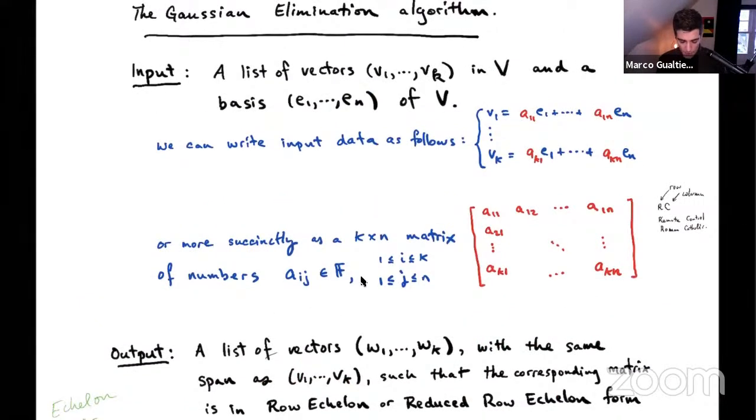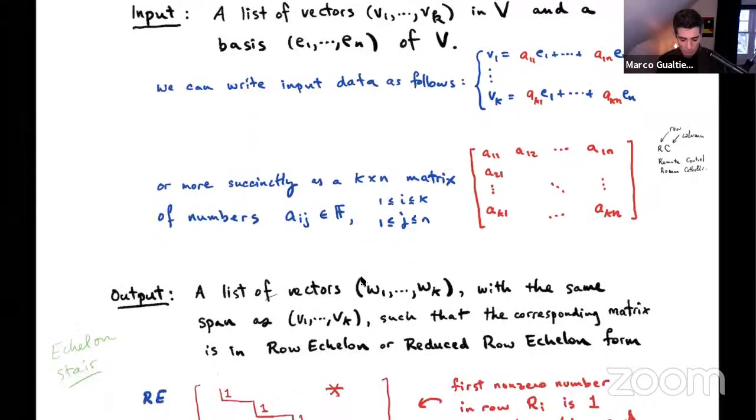So that means that if the algorithm consists of just applying certain basic moves, we need to make sure that these moves do not change the span. As long as the elementary moves don't change the span, then when I apply many of these elementary moves, the span won't change, right? So in order to ensure that at the end I will have the same span, I'm not going to bother figuring out what the span is at the end.